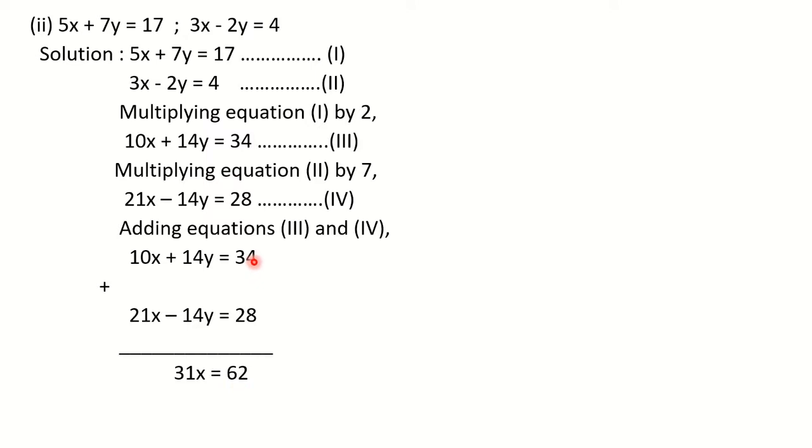See, 4 plus 8, 12, 1 carried, and 3 plus 3, 6. Okay, so 21 plus 10, 31, and here 34 plus 28, 62. So 31x is equal to 62, and therefore x is equal to 62 divided by 31, that is x is equal to 2. In this way we have got the value of variable x.